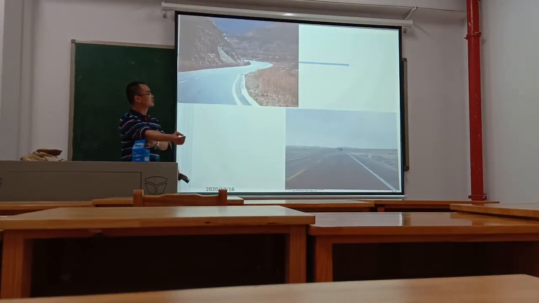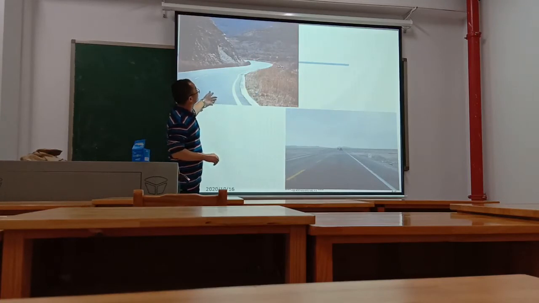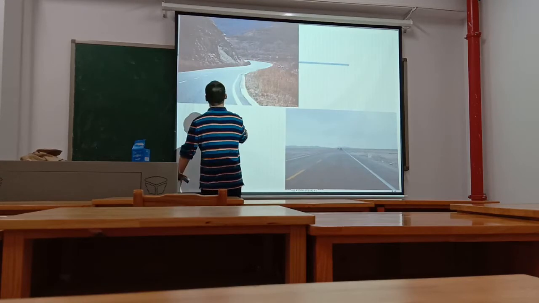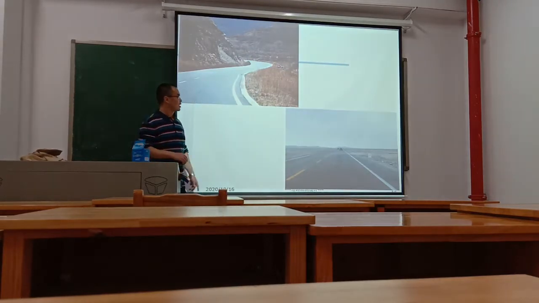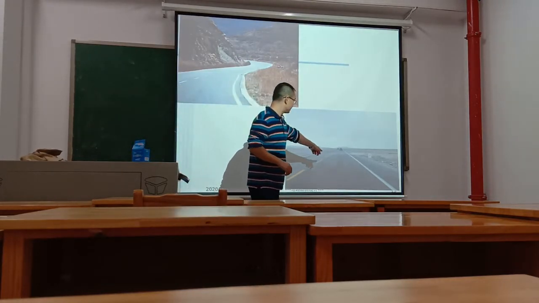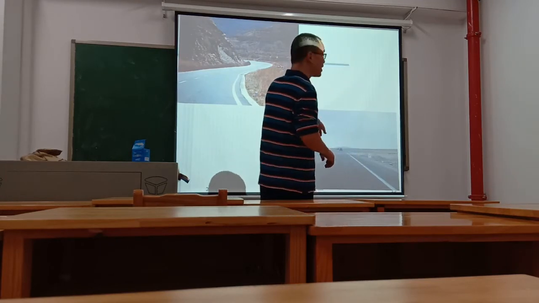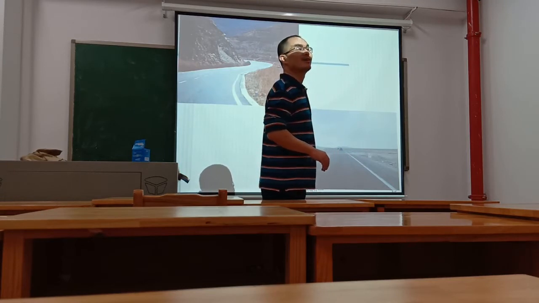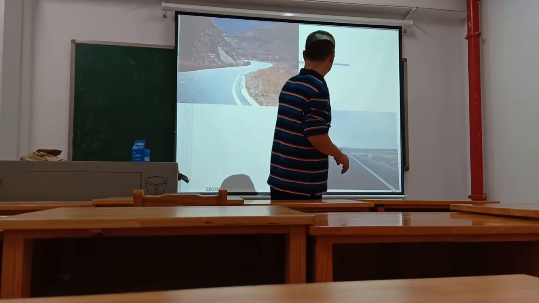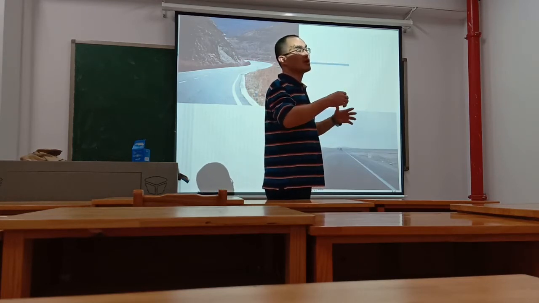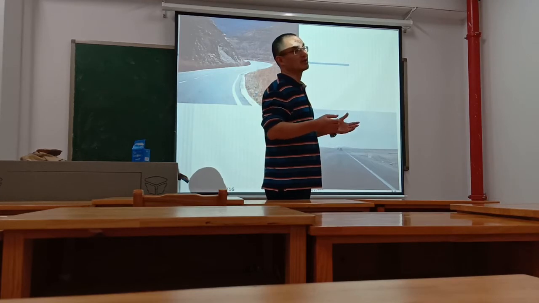Now this picture. This is tangent, on the plane. A straight line is equal to tangent. Tangent is called straight line, and straight line is called tangent.